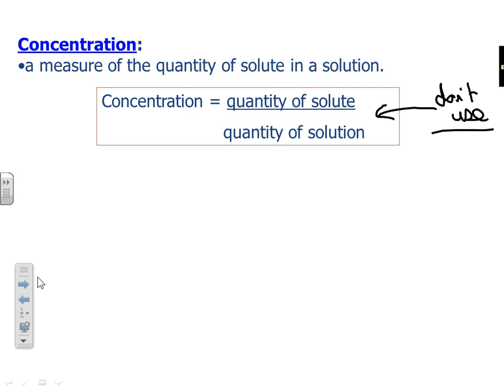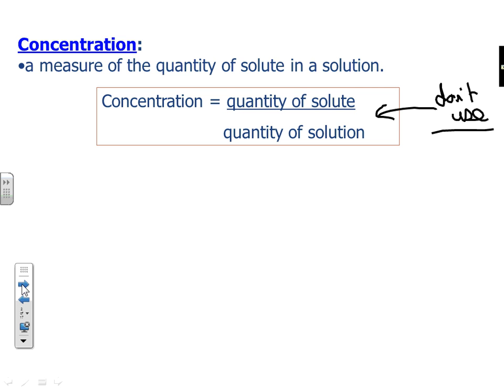Today's lesson is on percentage concentration. It's a type of calculation we do to find what percentage of the solution is the solute. And tomorrow we're going to learn about molar concentration, which talks about how many moles of the solute are dissolved in the solution. So we have different ways to represent the quantity of solute over the quantity of solution, but in general, any concentration calculation will have the stuff we're dissolving on the top and the solution on the bottom. So that's what this represents.